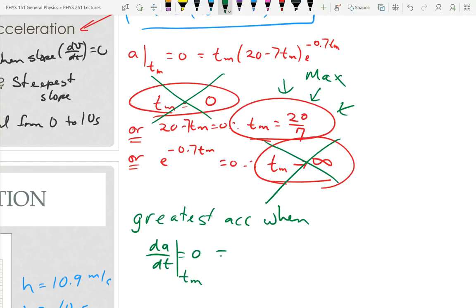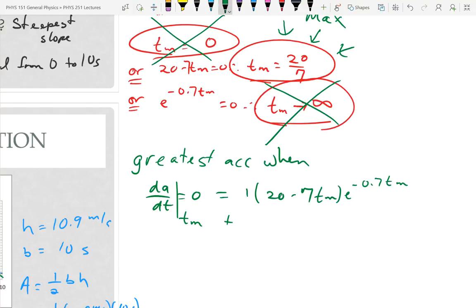So that's equal to the derivative of the first, which is 1, plus the derivative of the second times the other 2, plus the derivative of the third times the other 2.